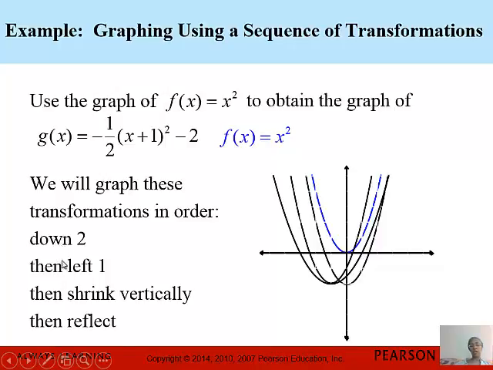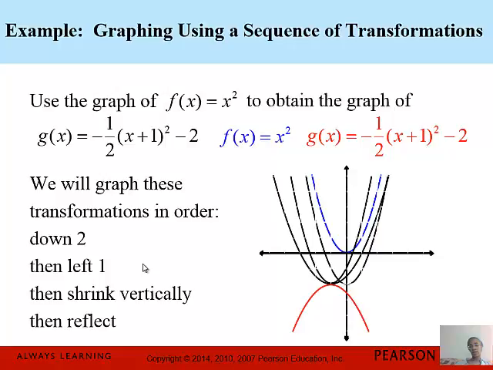We've shifted down, we've moved left, and we've vertically shrunk, and now we're going to reflect. And that will give us the actual graph, and we'll put that one in red. So there it is. So all we did was take this graph and reflect it.